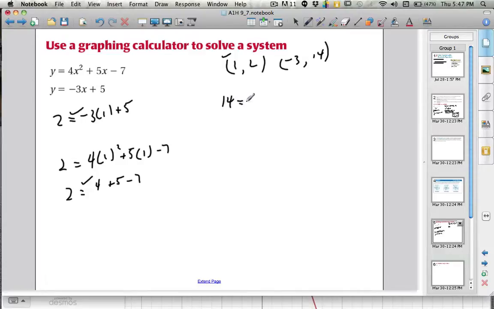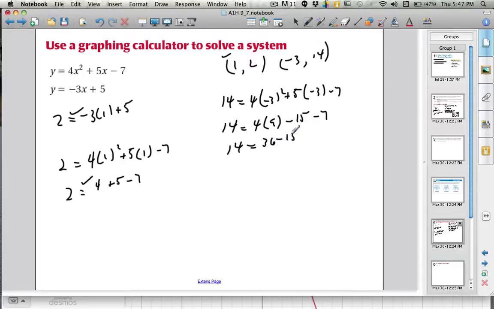If I wanted to try the other solution, 14 equals 4 times negative 3 squared plus 5 times negative 3 minus 7. So 14 would be equal to 4 times 9 minus 15 minus 7.